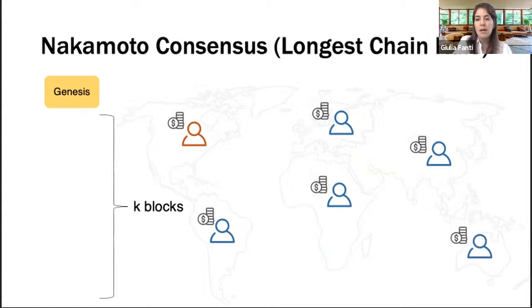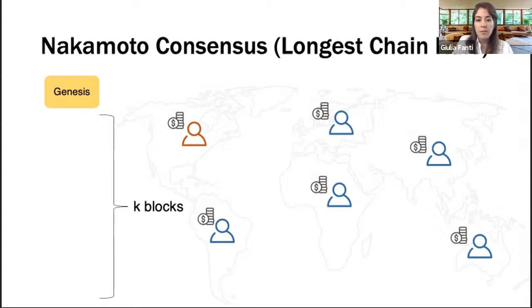What does that mean? So each of these miners is trying to solve a computational puzzle, a random computational puzzle, and their probability of solving that puzzle first is proportional to the amount of computation or hash power that they have in the system. Okay.